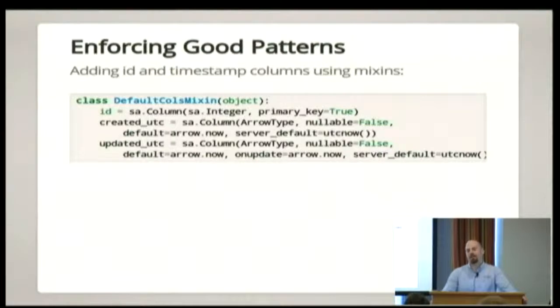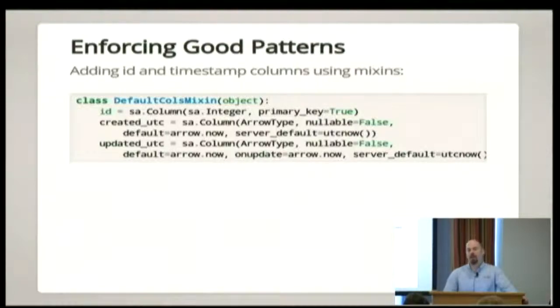It doesn't make a lot of sense for me to repeat that code over and over again. In particular, we realized recently that we were doing datetime.now and not using UTC time, which is recommended at the database layer. So one of the things we have now is a default columns mix-in, which basically adds our ID and our created and updated timestamps.